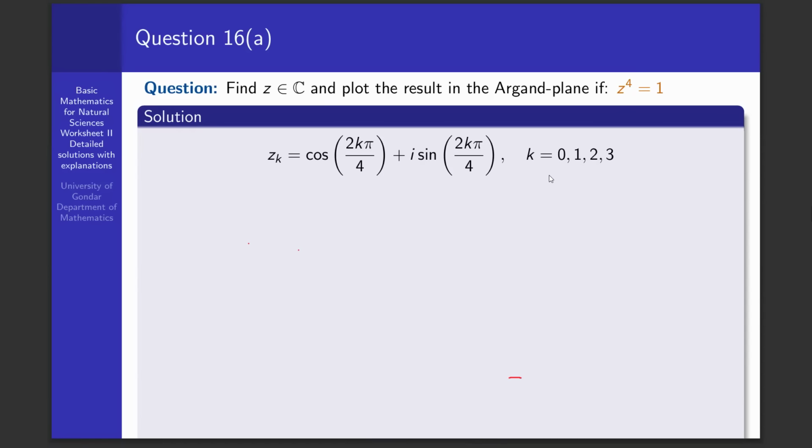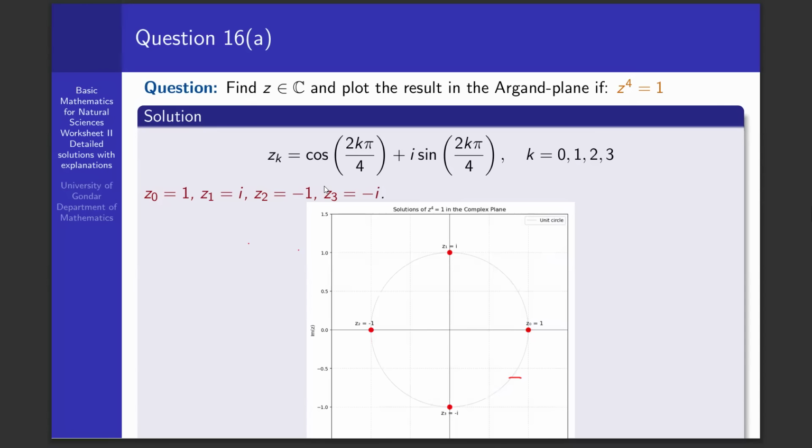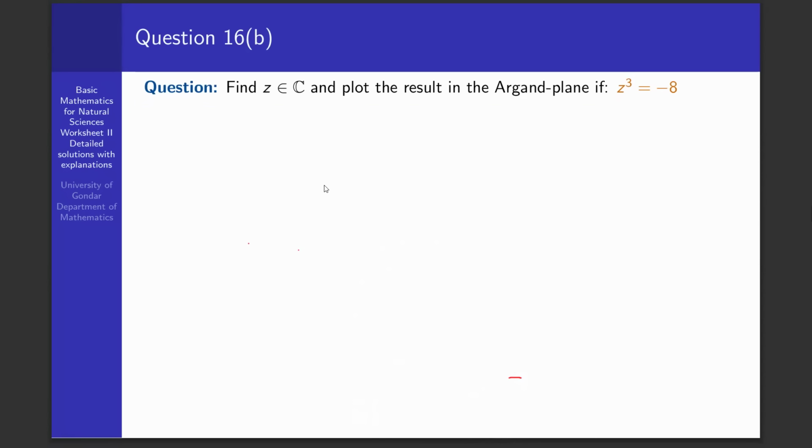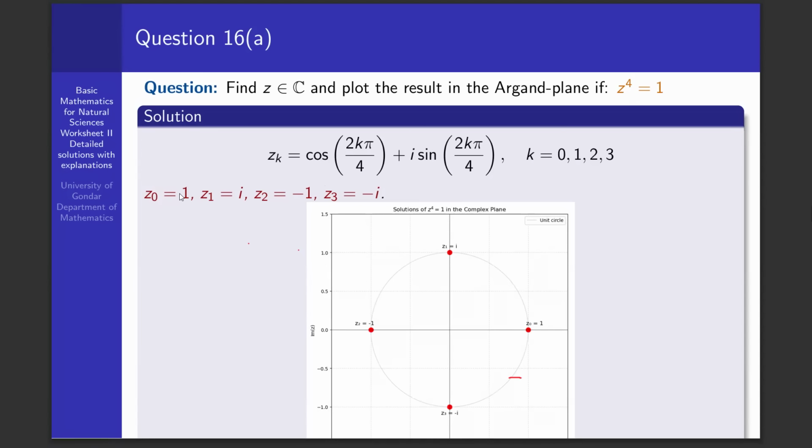Therefore, individually, when k is equal to the first one, that's simply 0, if you substitute k equals 0 here, we have z0 equals cosine of 0 plus i times sine of 0. Cosine of 0 is 1, but sine of 0 is 0, so that z0 becomes 1.